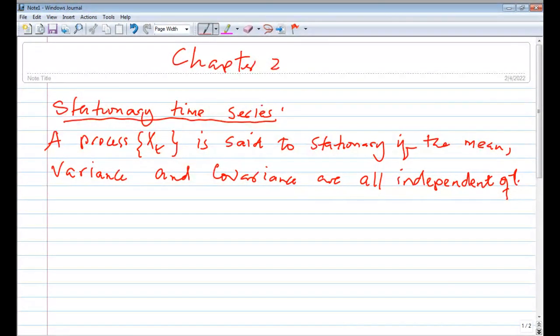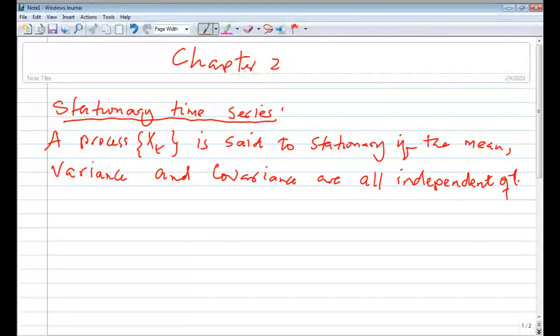All of them must be independent of t. If when you calculate the mean, you find that it depends on t, the whole process is not stationary.